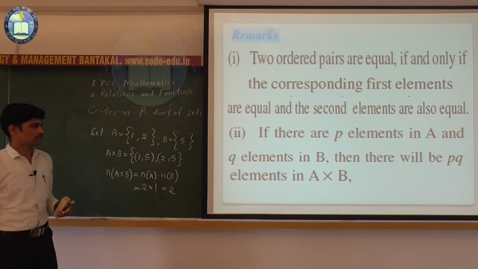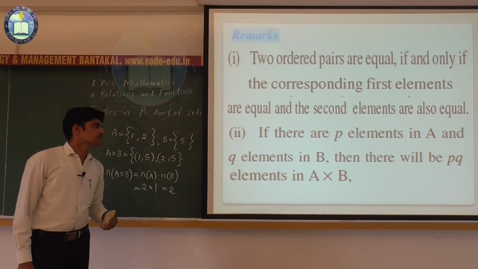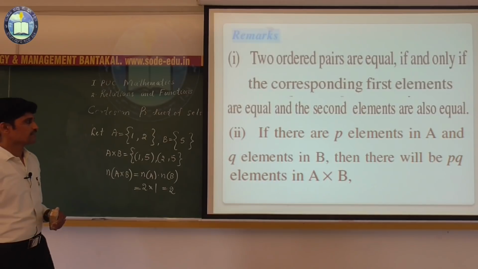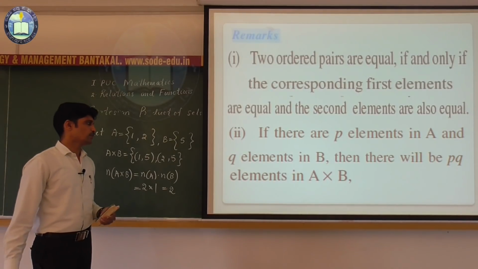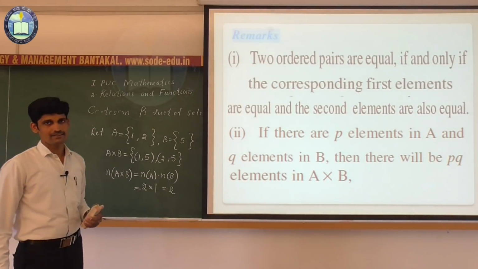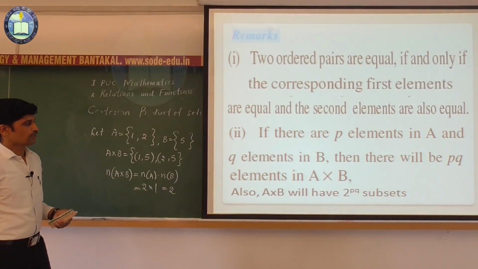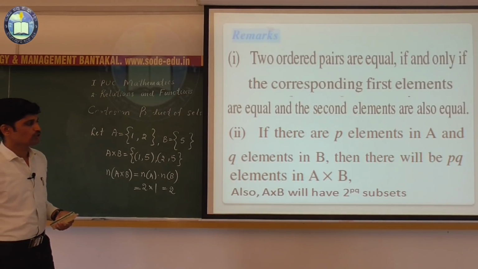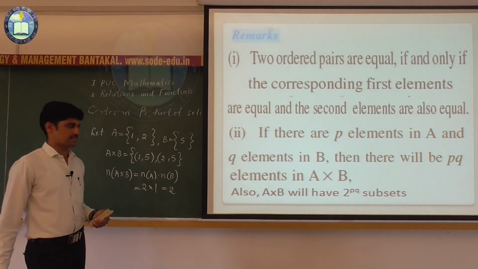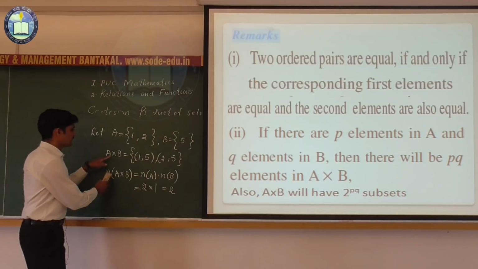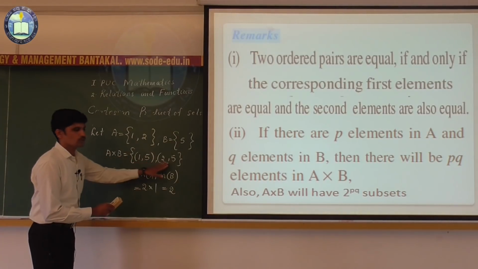That is, remark number 2 says, if the set A has p elements and set B has q elements, then there will be pq elements in A cross B. Also, A cross B will have 2 to the power pq subsets. Here we have A cross B which has 2 elements.